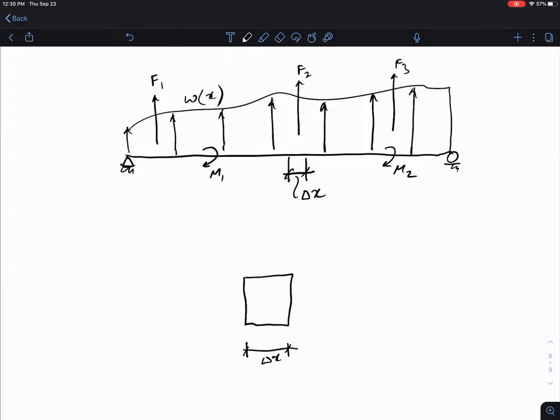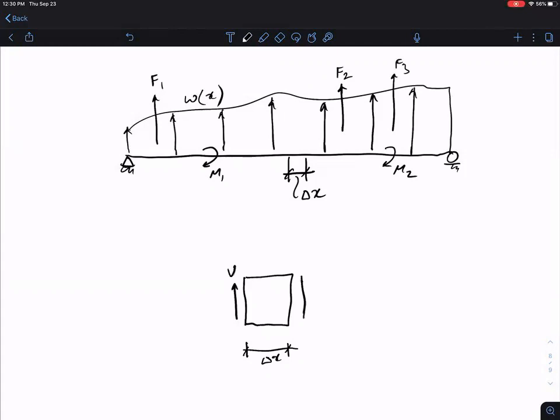We will assume that the segment does not contain any point loads. So for consistency, let's move F2 so that it doesn't lie within that delta x.